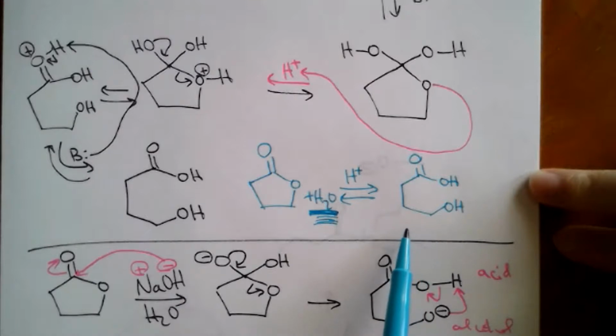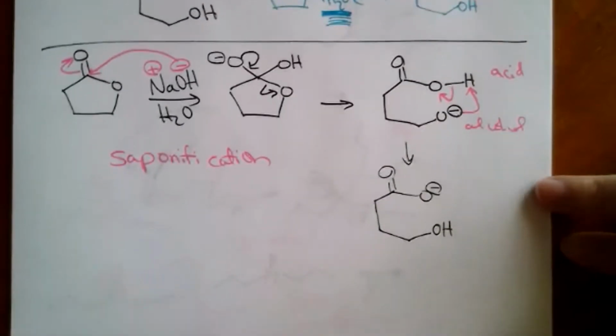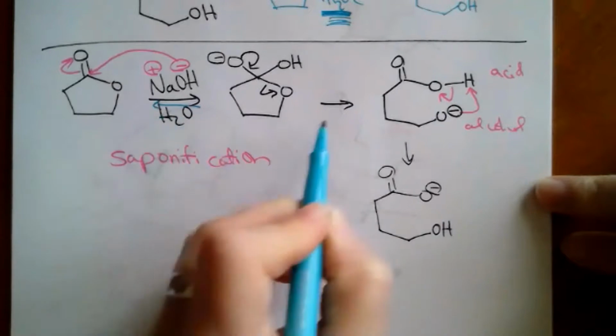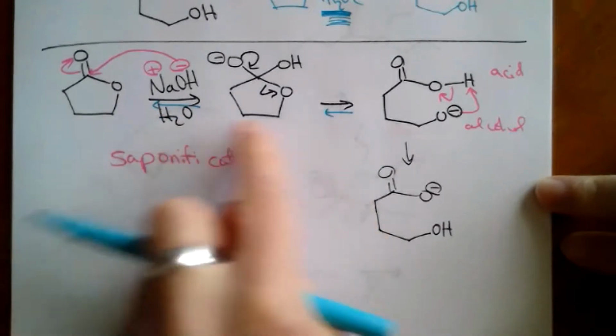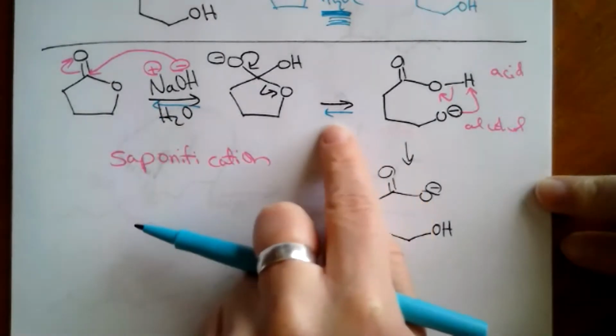So you can get a decent yield, a decent amount of product when you do this reaction in acid. But you generally get a higher yield when you do this reaction in base because the base reactions are reversible for the first couple of steps.